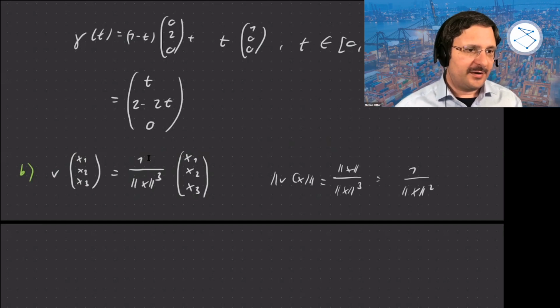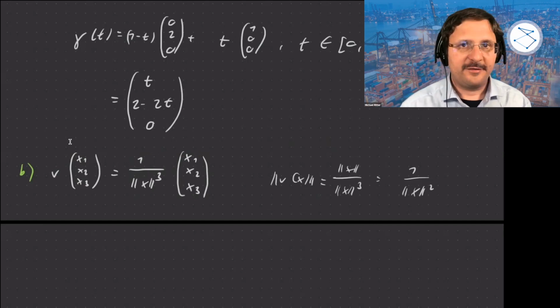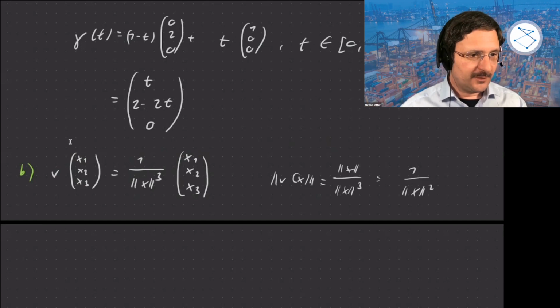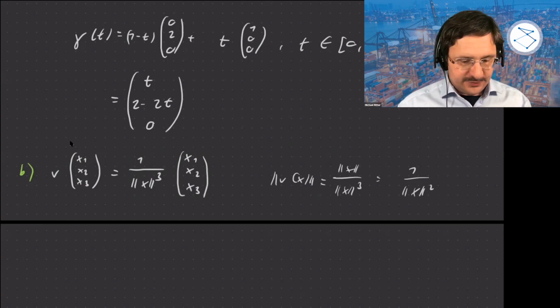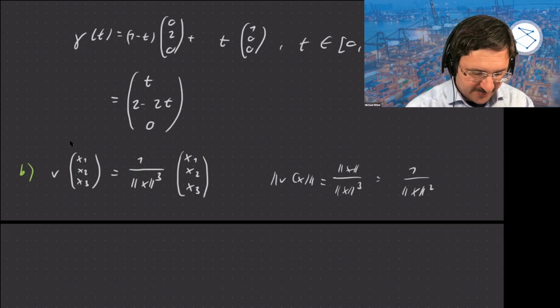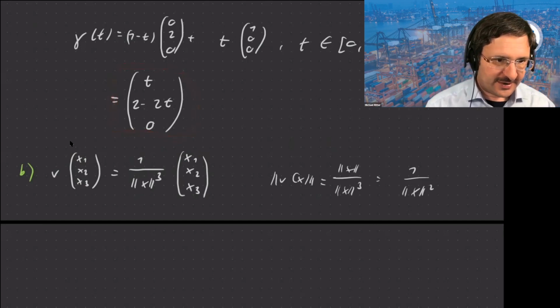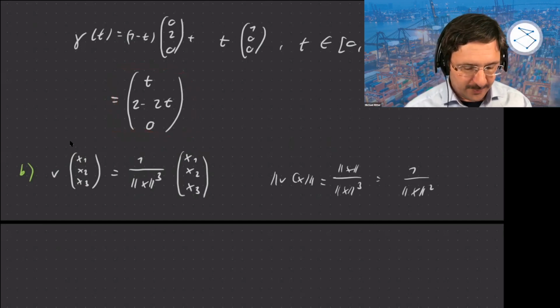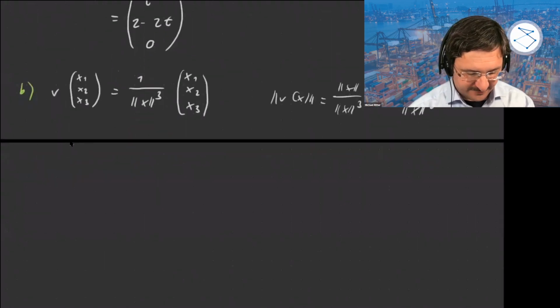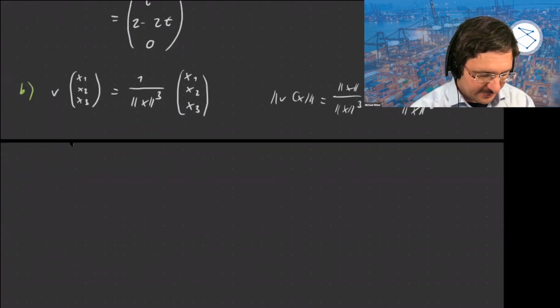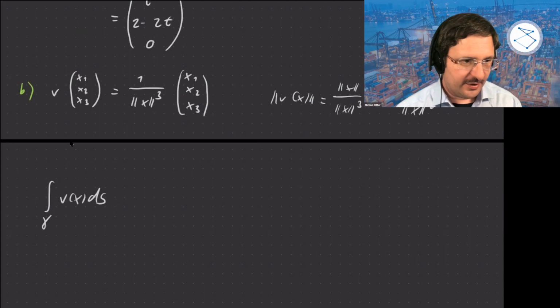And now we're integrating that field along that curve gamma. We already have the parameterization of gamma that we require for that. We will also require the derivative, because remember the definition of integrating a vector field along a curve.